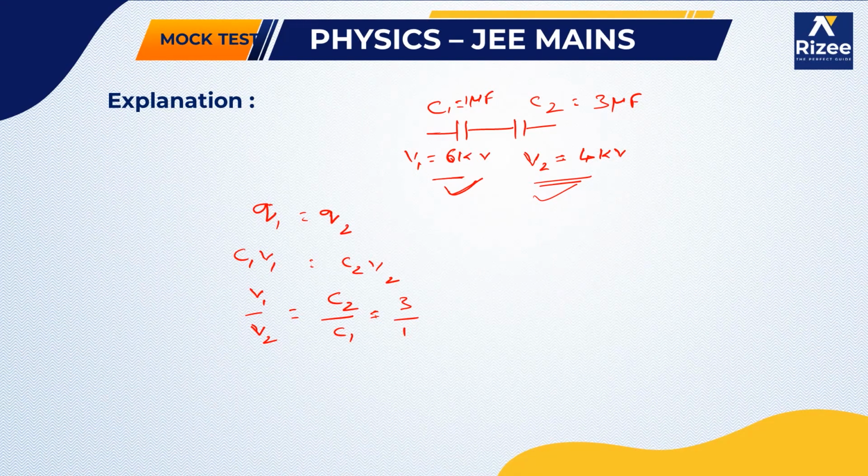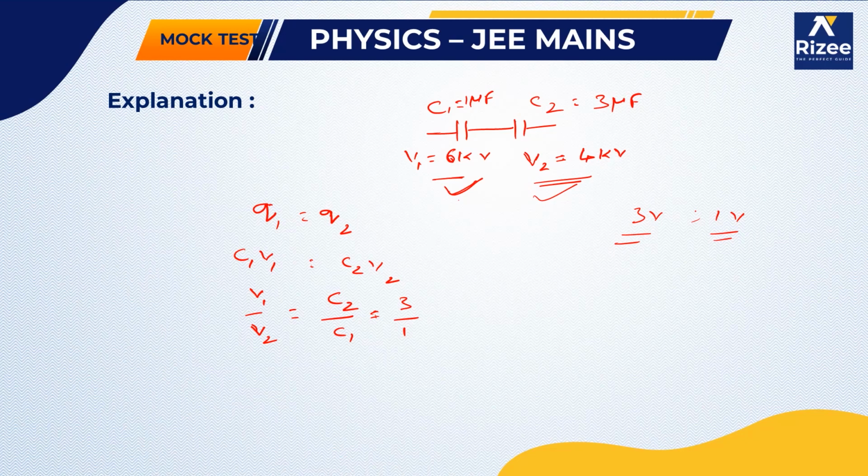Since it is a maximum condition, I'm not going for option A or option B, because in those cases 3 volts will be dropped at the first one and 1 volt at the second capacitor. This is the minimum condition.